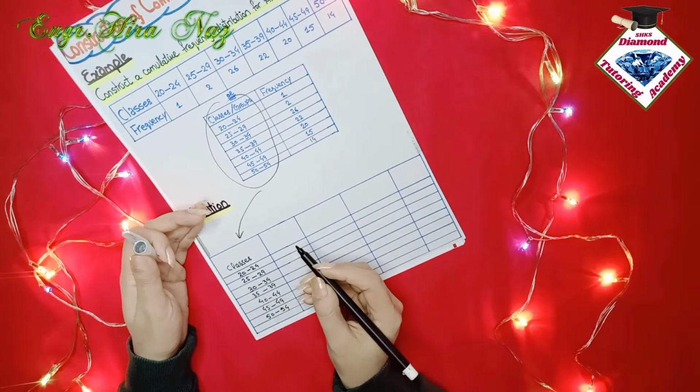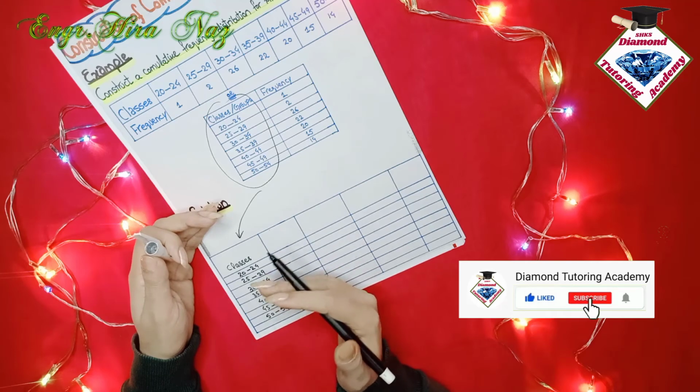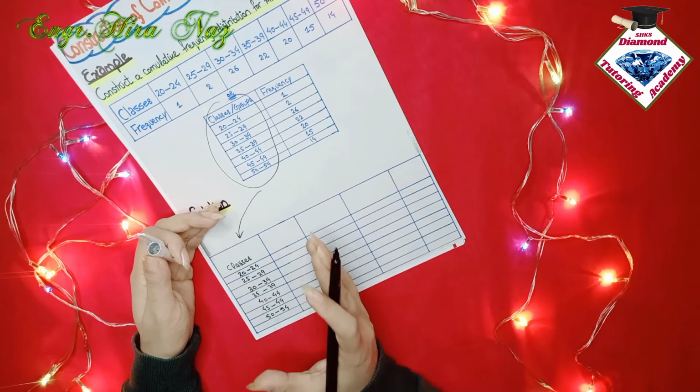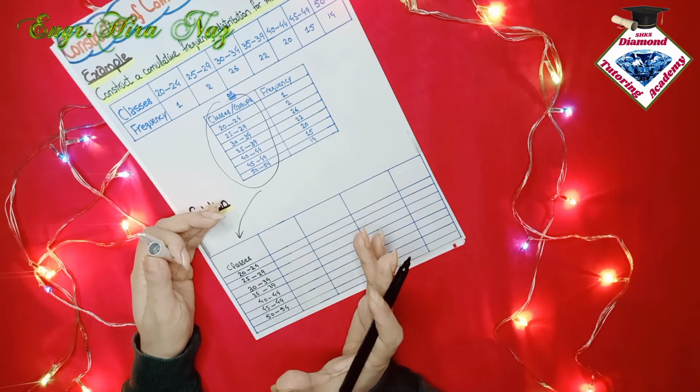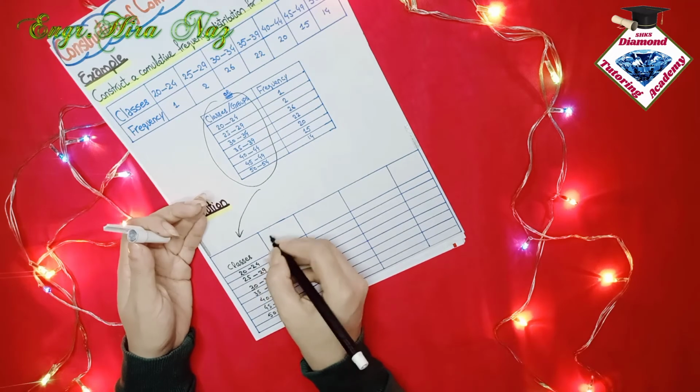In our next column, we have to create class boundaries. As we have discussed earlier, there should be a table showing cumulative frequencies against upper class boundaries for cumulative frequency table. So first name the column as class boundaries.